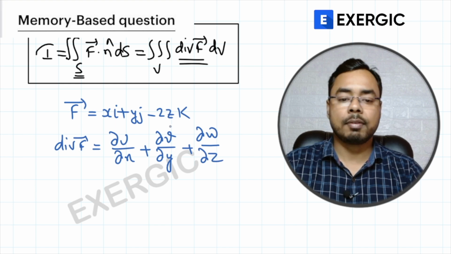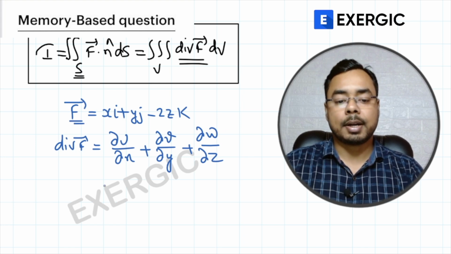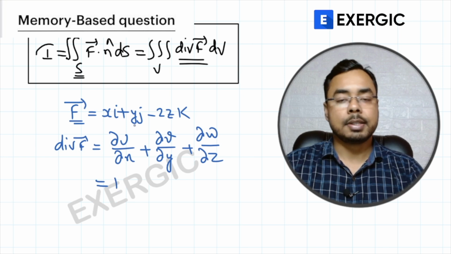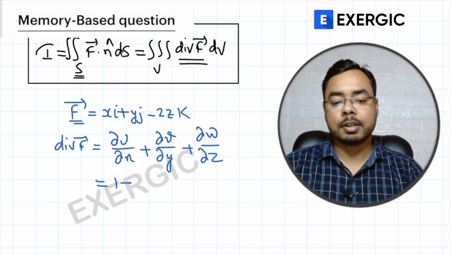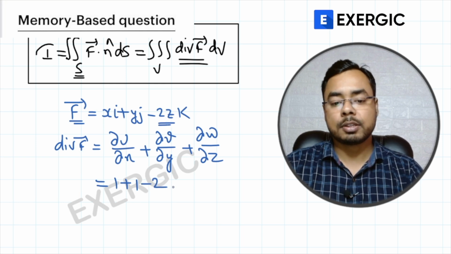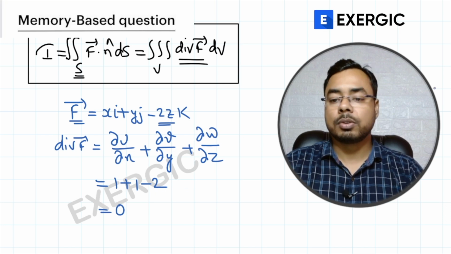Or you can write f1, f2, f3. u, v and w are nothing but the x, y and z components of this vector f, right? So partial derivative of the x component with respect to x is 1. Partial derivative of the y component with respect to y is 1. And partial derivative of minus 2z with respect to z is minus 2, right? So 1 plus 1 minus 2, this will be 0.